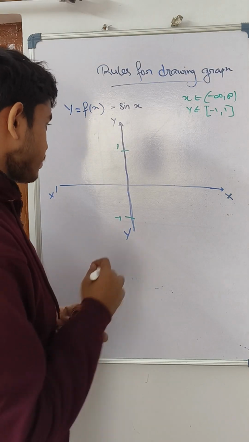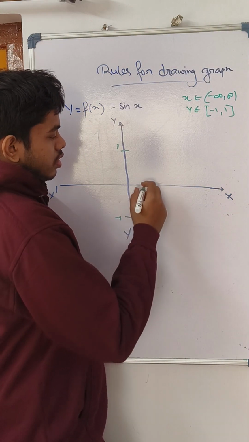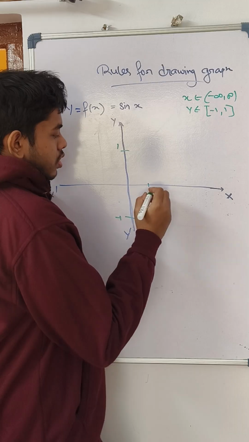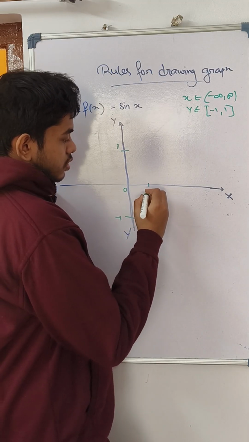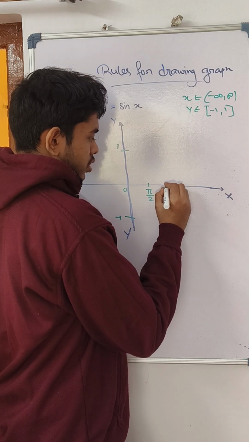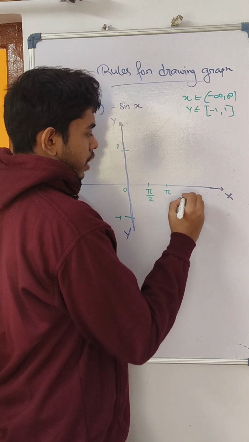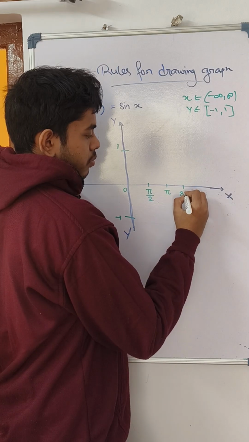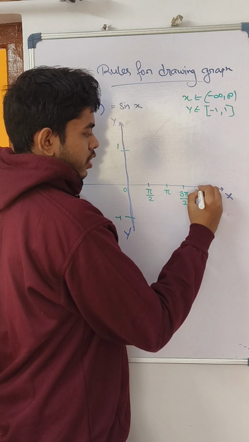Now plot the values. So let's suppose this is 0, this is pi by 2, this is pi, 3 pi by 2, 2 pi.